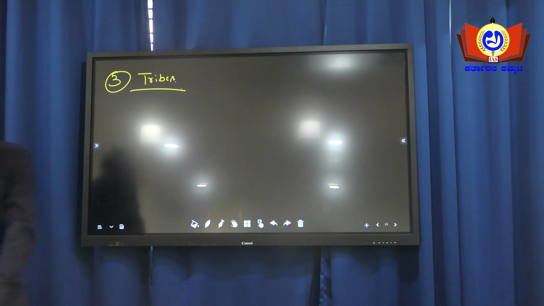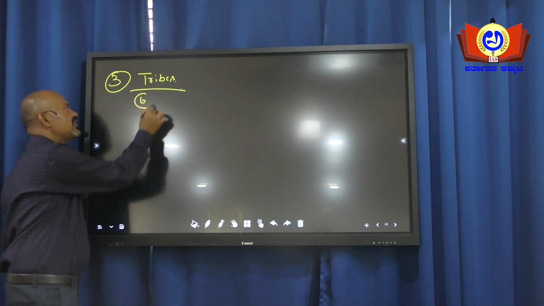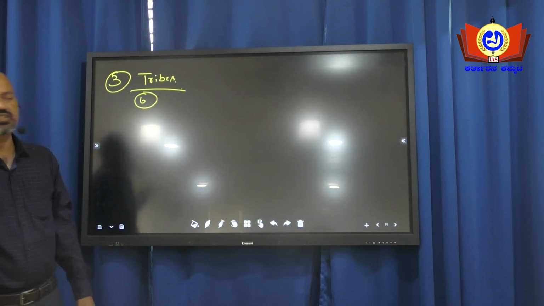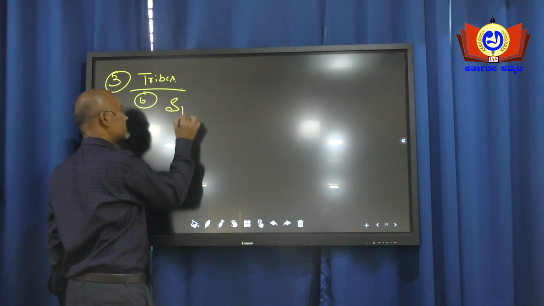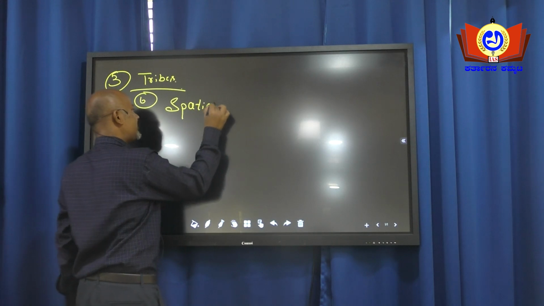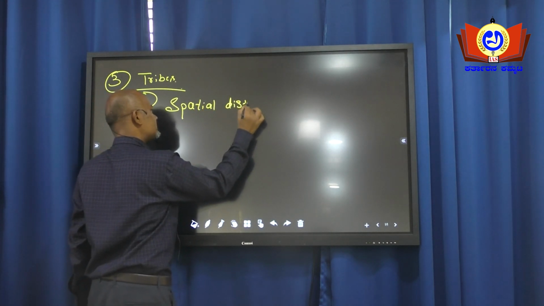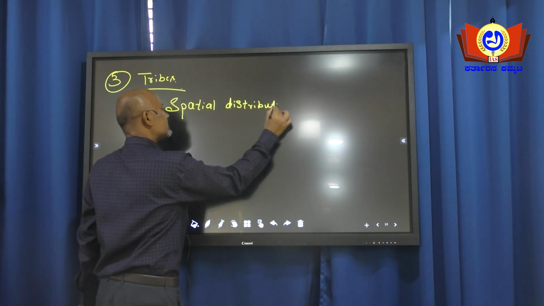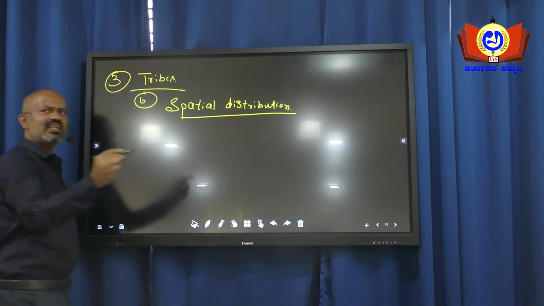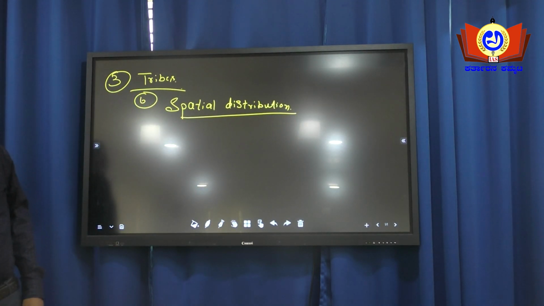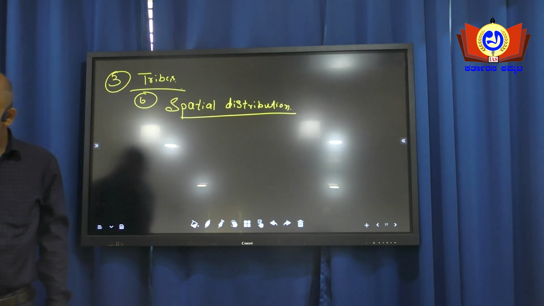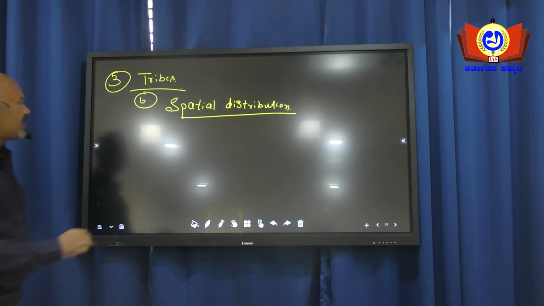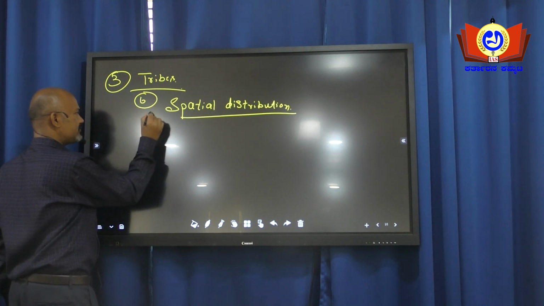Like that they have divided, some 6 divisions. Spatial distribution of tribes. Geographically, they have divided the tribal community. In detail in the class. This is the first content.